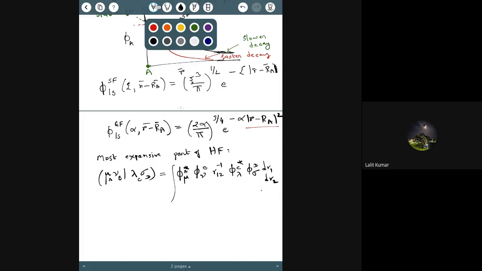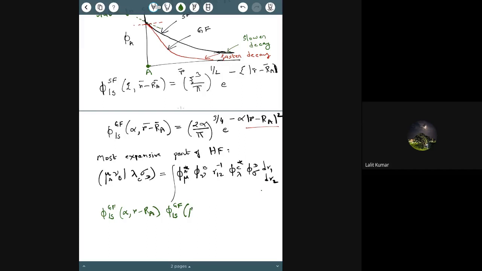So if I have a Gaussian function of the 1s orbital with an exponent alpha which is centered on atom A, and I multiply that with another Gaussian function which has a different exponent beta, and is centered on atom B, then this product can be written as a different Gaussian, which has a different exponent and is centered at a different point.